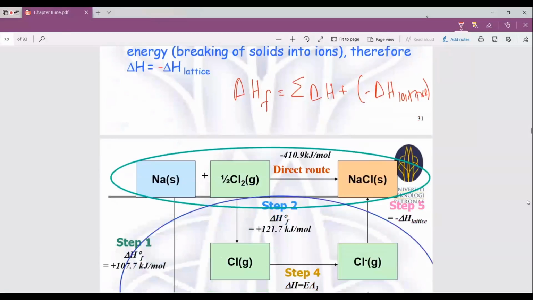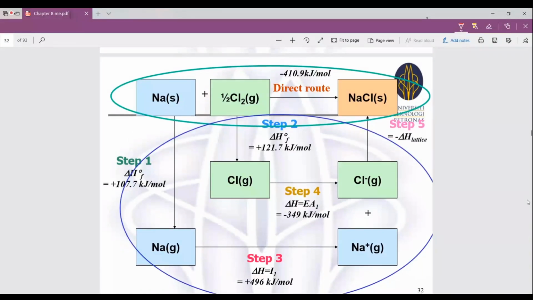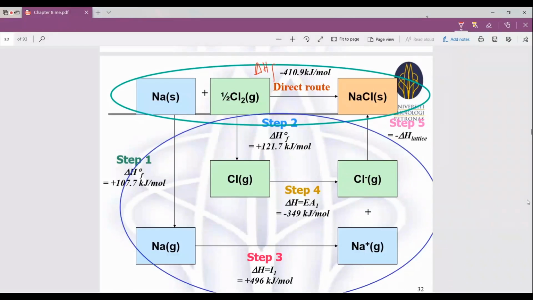Okay, so this is a diagram showing the direct route, which is the delta H formation of NaCl. You can get it directly from the elements Na and Cl2, and the value is given.